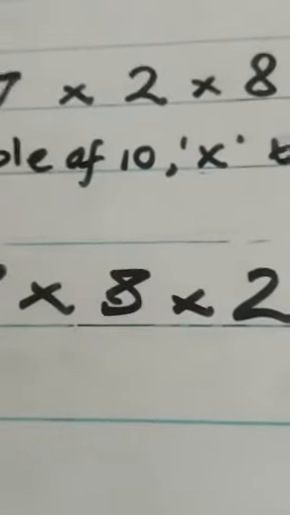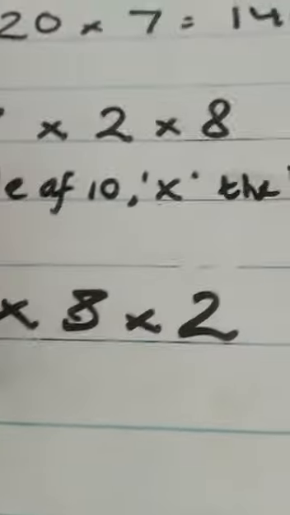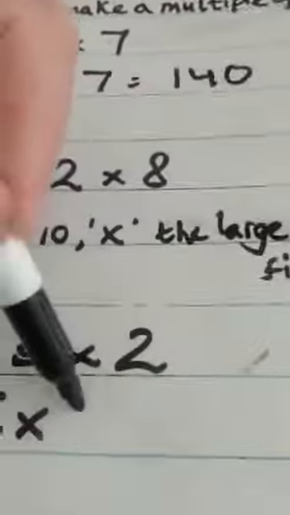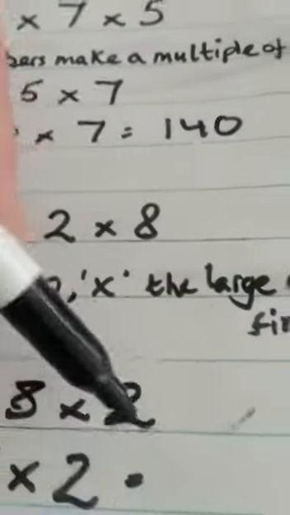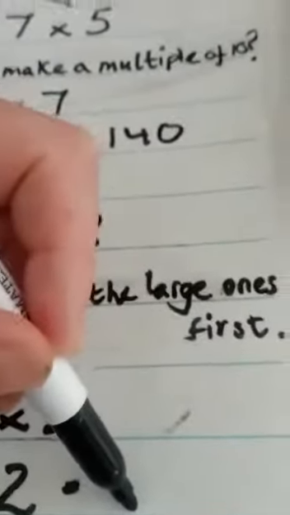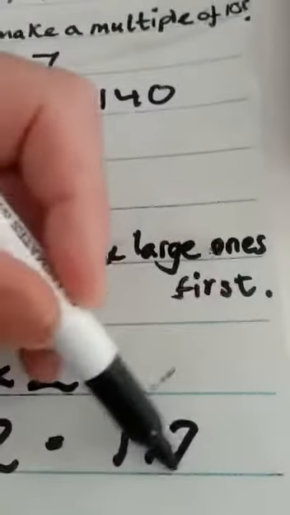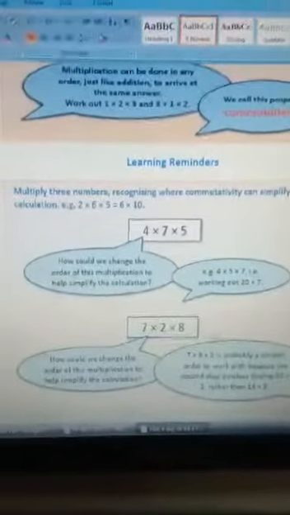Times it by 2, we just double the number. So 7 times 8, 56. Times that by 2 will give you an answer. Doubling 56 is 112. Okay. So that's what we can do.